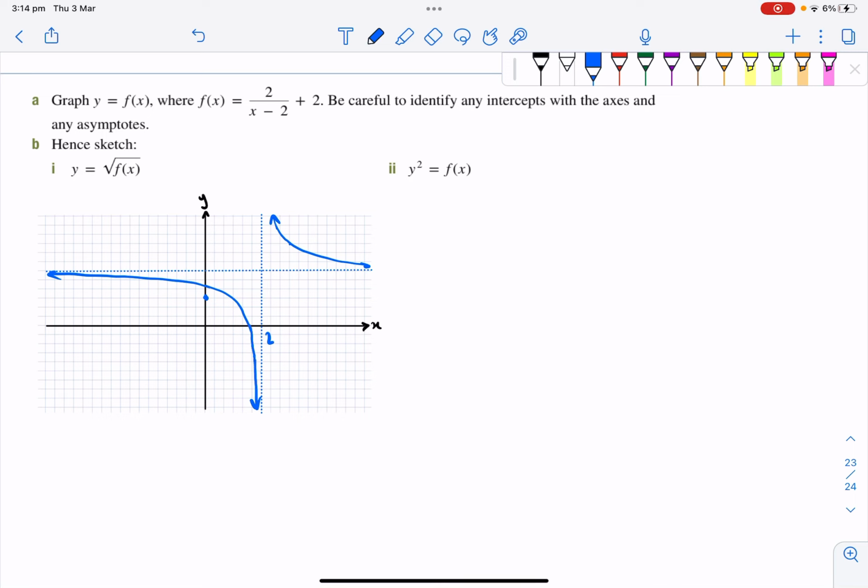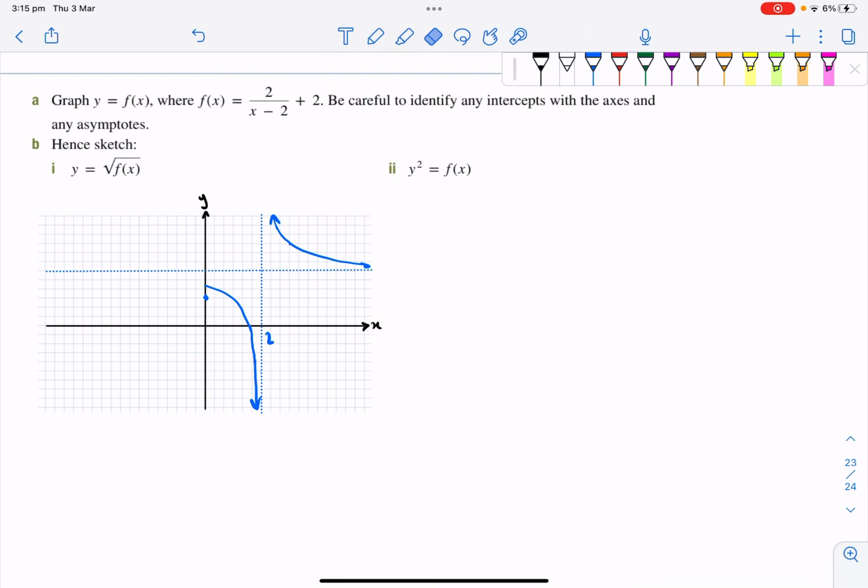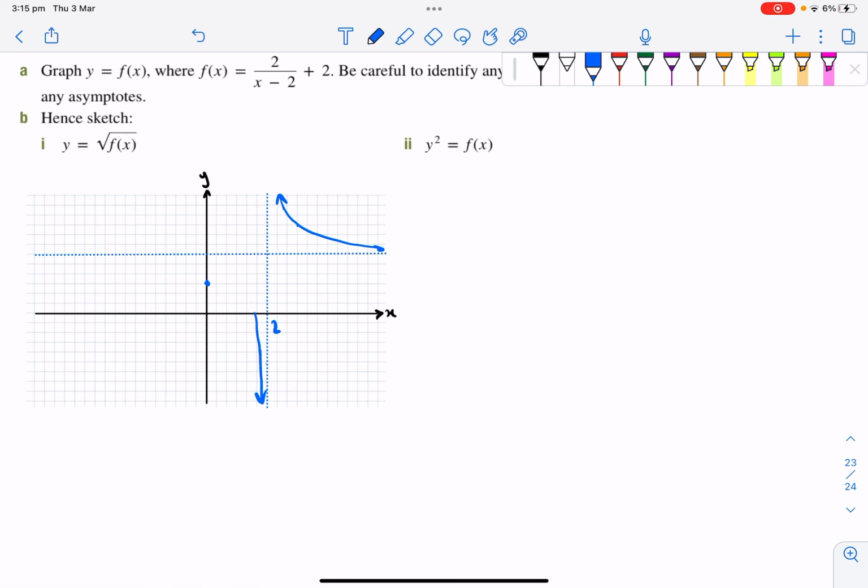Let me just see if it's going to annoy me to do it. There we go. We can deal with that.